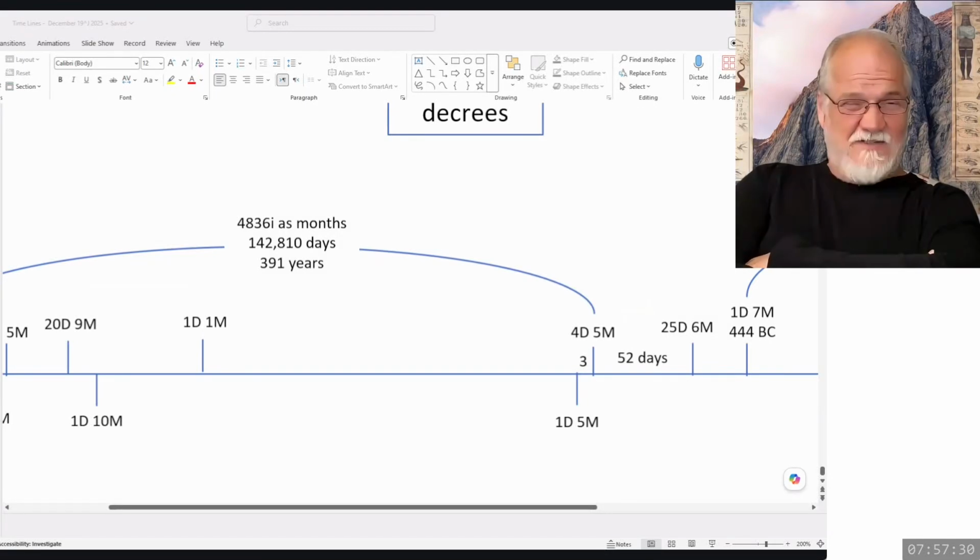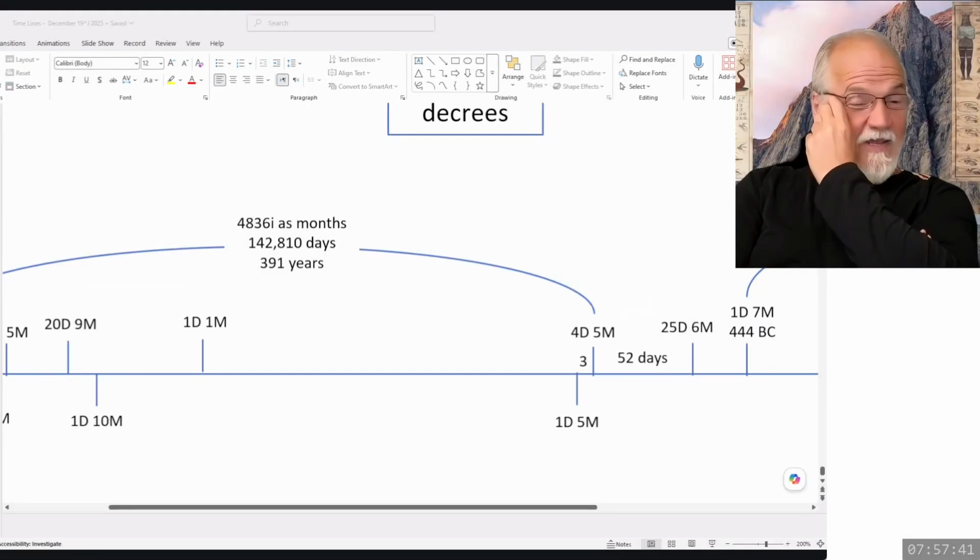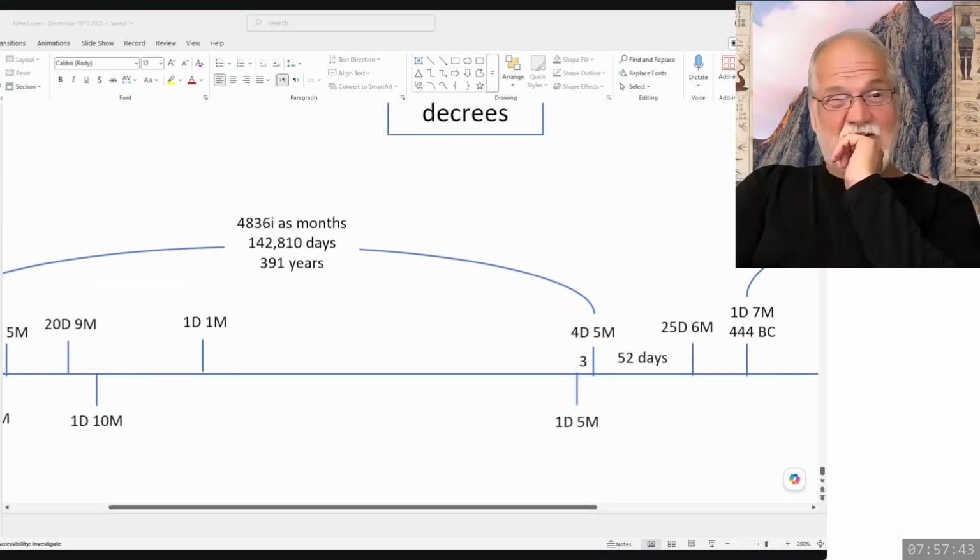So some of it is an expansion, some of it's not really an expansion, some of it's just extra stuff. Correct. Okay.